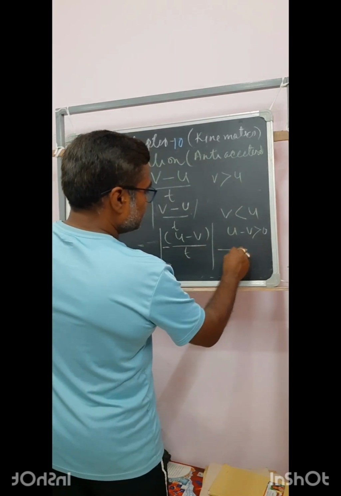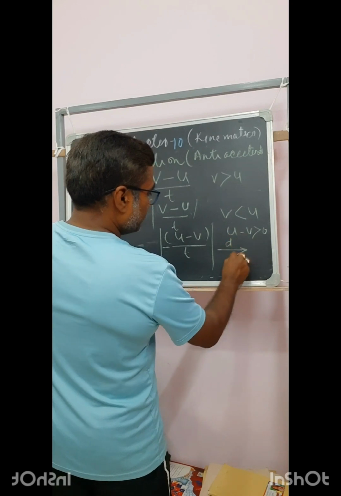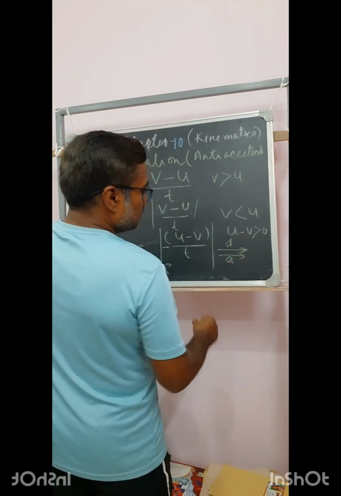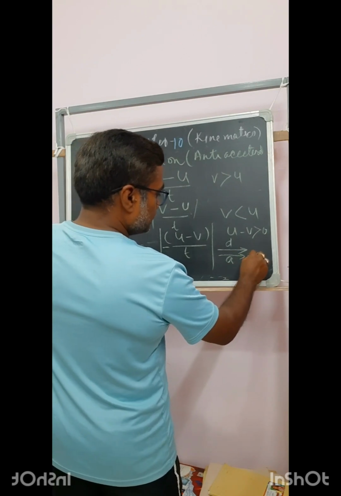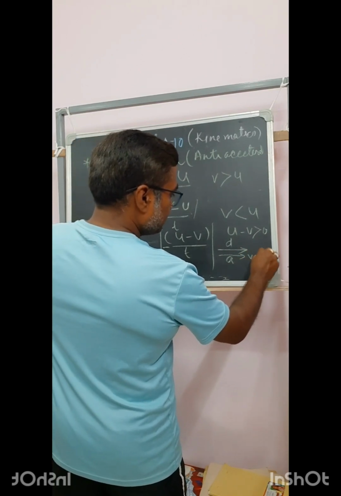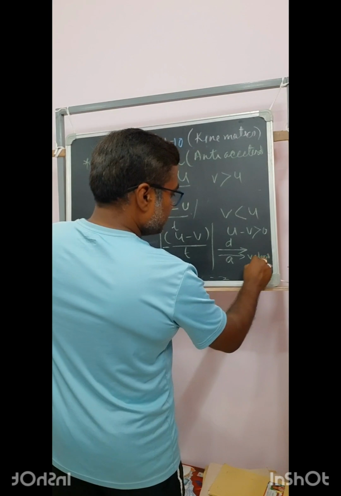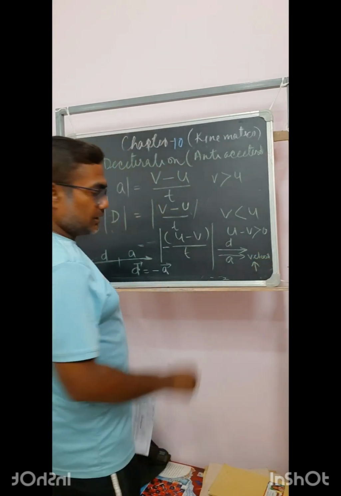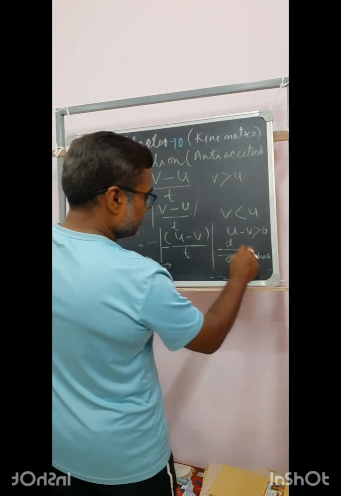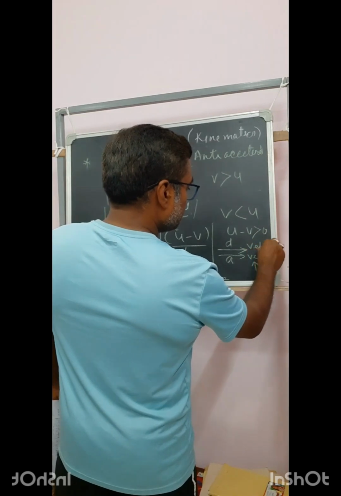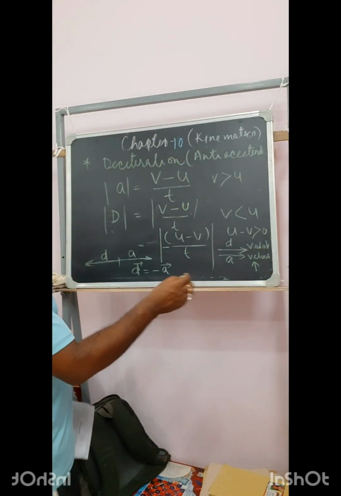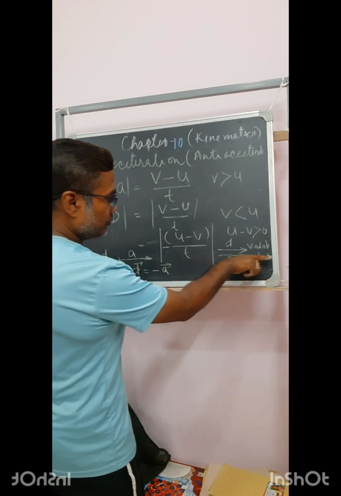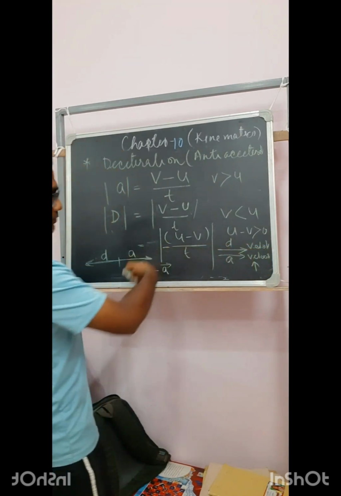If I consider the deceleration in the same direction where the acceleration moves, for acceleration, if it is moving this way, then velocity is increasing, and for deceleration in the same direction, velocity is reducing. This is the only meaning of that. It's not that if acceleration is moving this way, deceleration should move the other way. No.